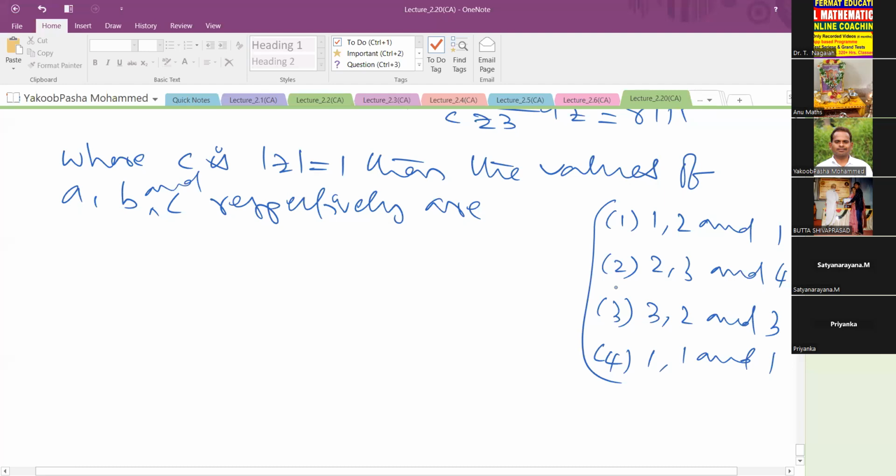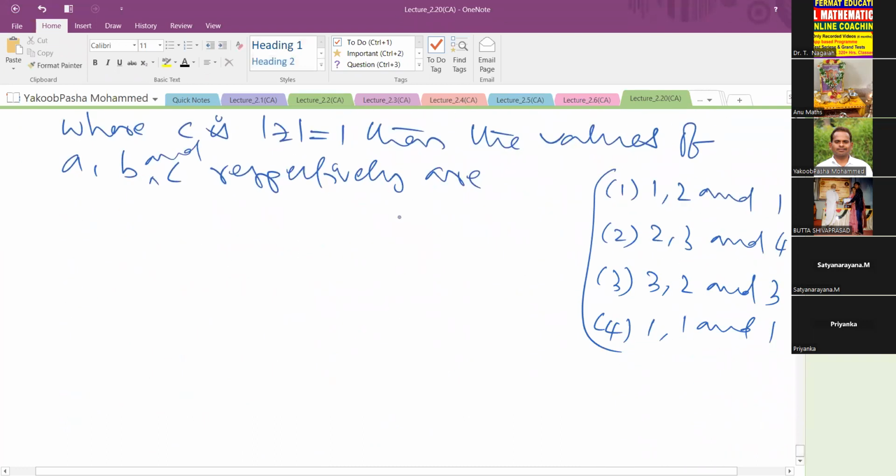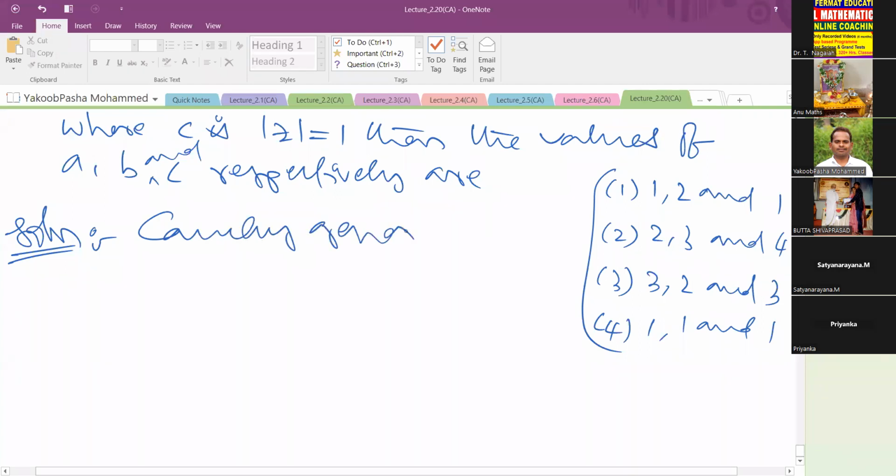First, we have to see the integral value. Before that, we recall the definition of the Cauchy general integral formula.